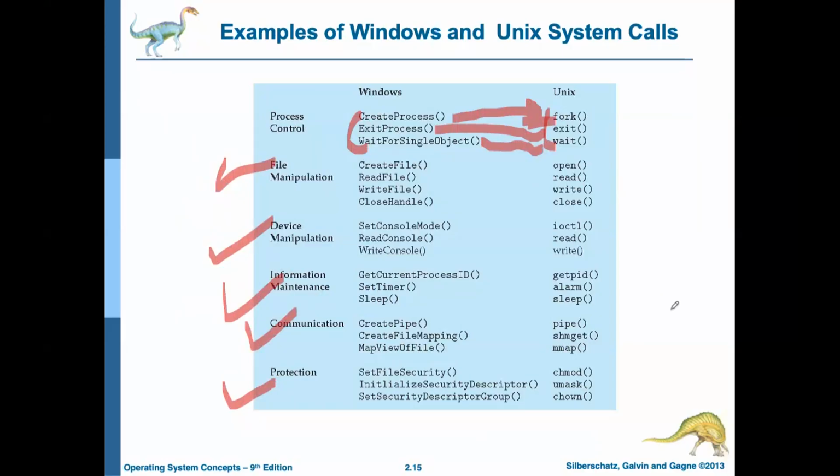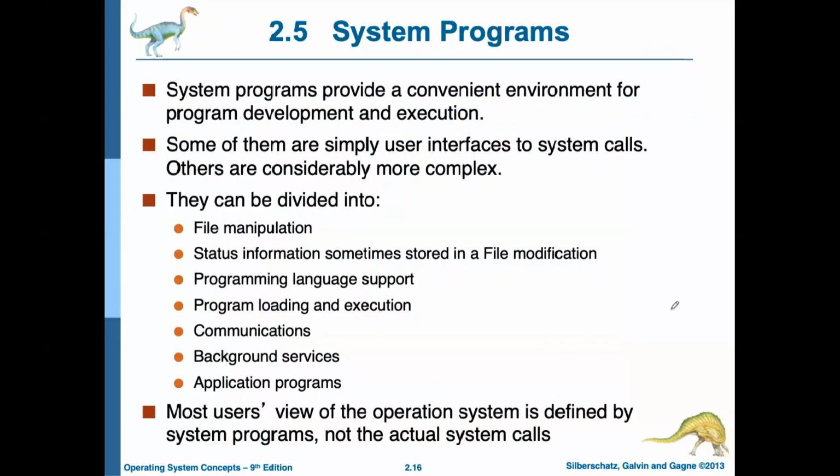All right. System programs. System programs provide a convenient environment for program development and execution. Some of them are simply user interfaces to system calls. Others are considerably more complex.